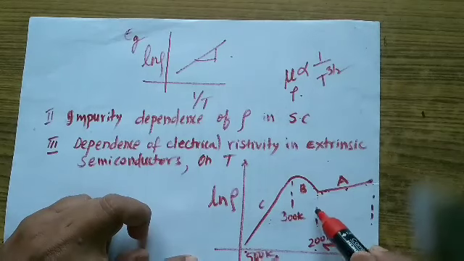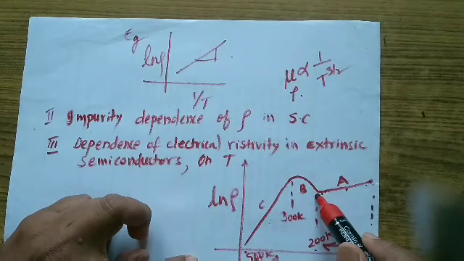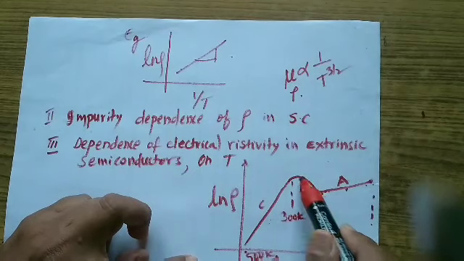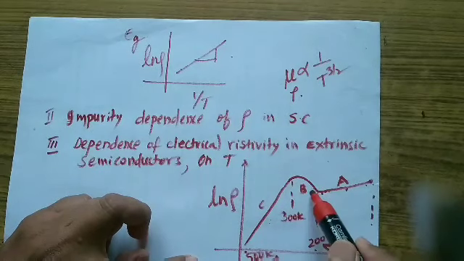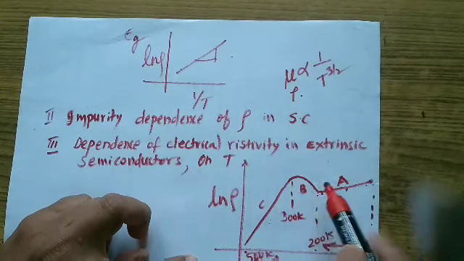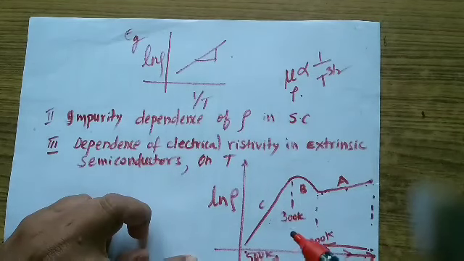When the electron activation is saturated, the electrons which were produced in this part will get scattered with the further increase of temperature, so that electrical resistivity increases, or in this region the decreasing mobility increases the electrical resistivity.